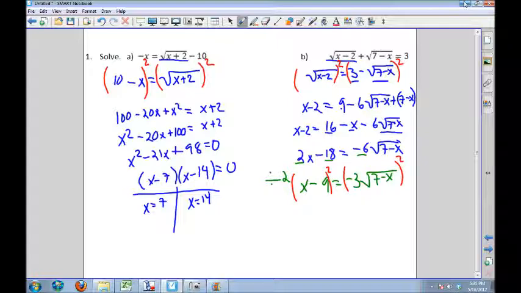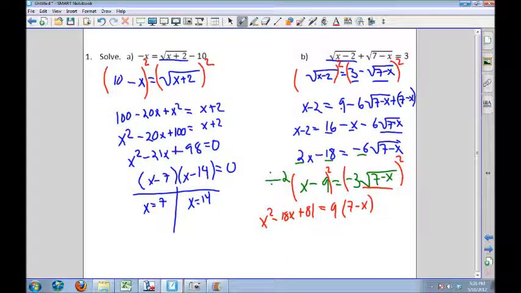When I square both sides, my left-hand side will become x squared minus 18x plus 81, which is equal to negative 3 squared, which is 9, times the square root of 7 minus x squared, which is just 7 minus x.